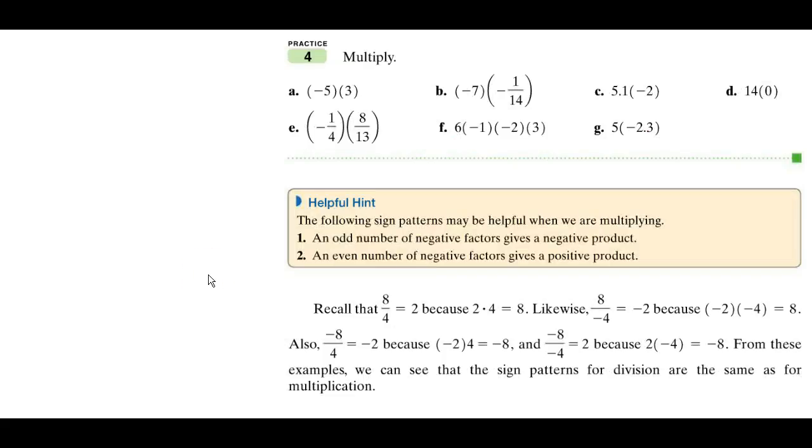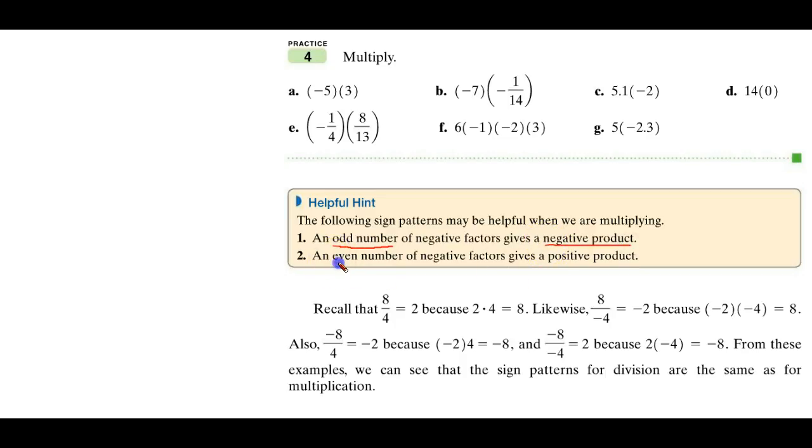Now, a helpful hint as we go along here would be if you have an odd number of negative factors, like 3, 5, 7, odd numbers of negative factors, the product will be negative.